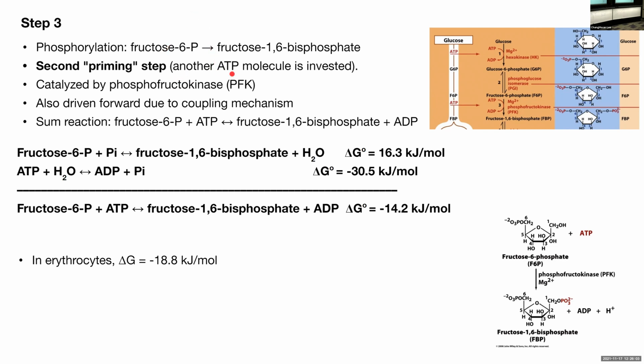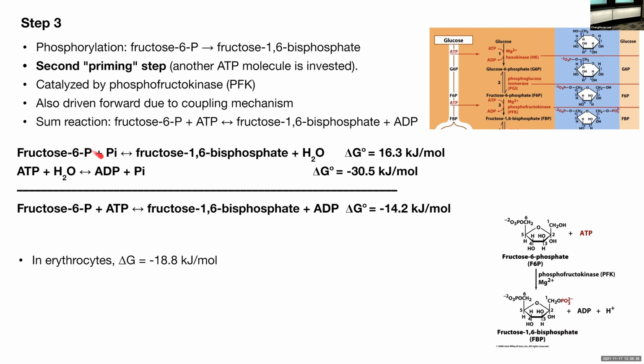And here, another ATP molecule is consumed or invested. This reaction is catalyzed by an enzyme called phosphofructokinase, or PFK. And also, this is driven forward due to the coupling mechanism here. When you look at the individual reactions, two reactions are coupled here.